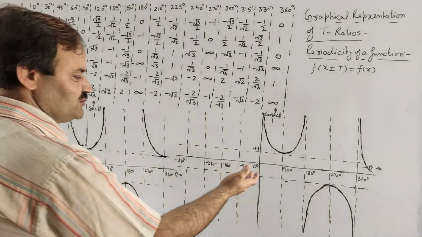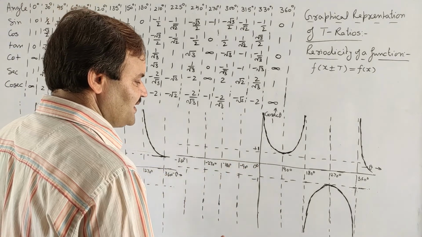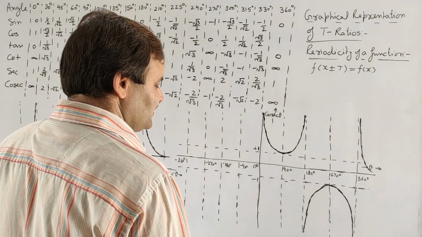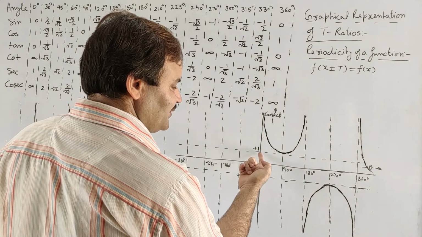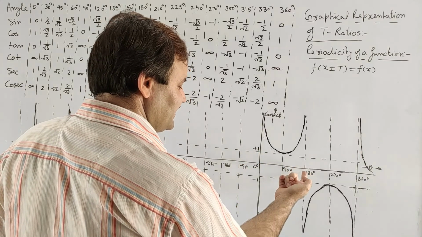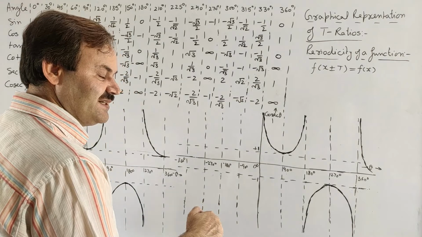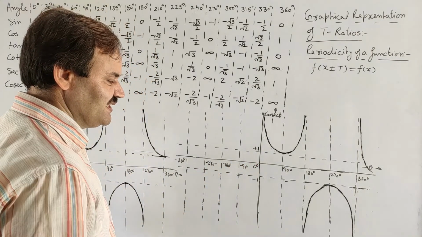If we come to negative values of theta, then cosec minus theta is minus cosec theta. So whatever is the variation in the value of cosec theta from 0 to 180 degree will get negative from 0 degree to minus 180 degree.